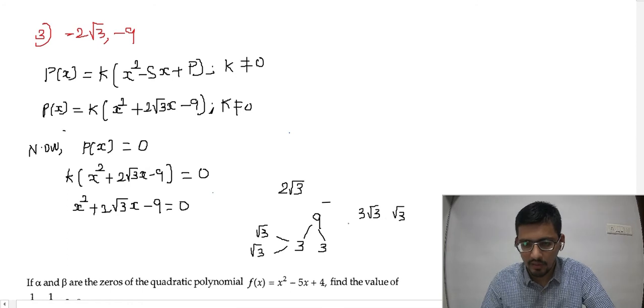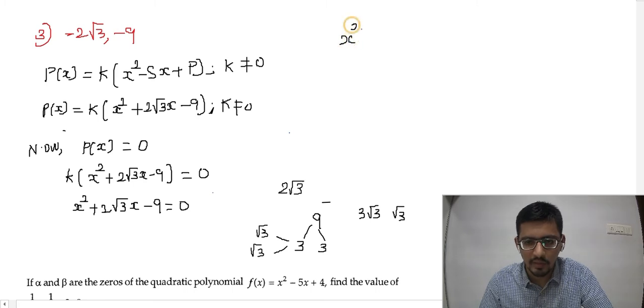So 3 root 3 into root 3 will be 9, and we can see that 3 root 3 minus root 3 will be 2 root 3. One more way is there to factorize this, but if possible try to understand by this method I am telling, which is actually the recommended one.